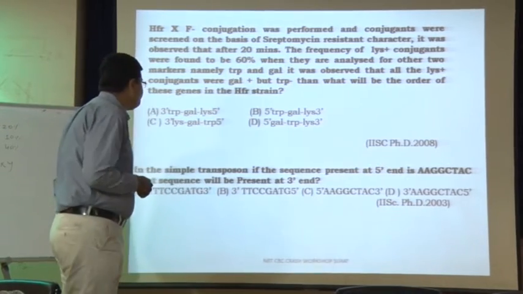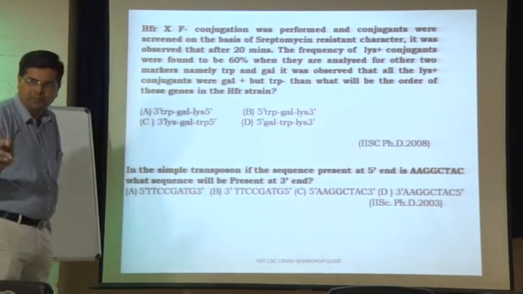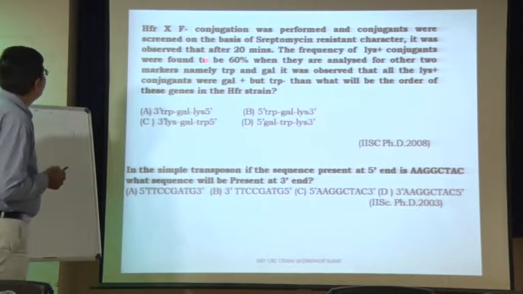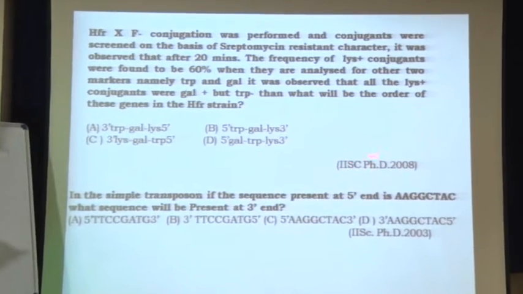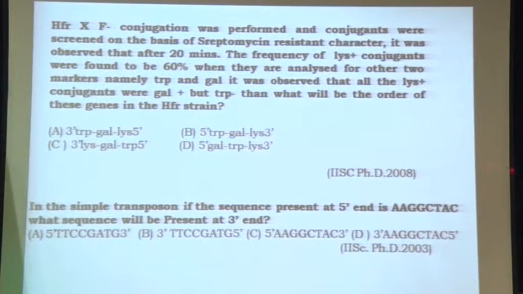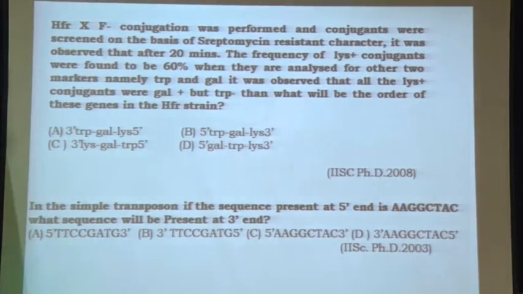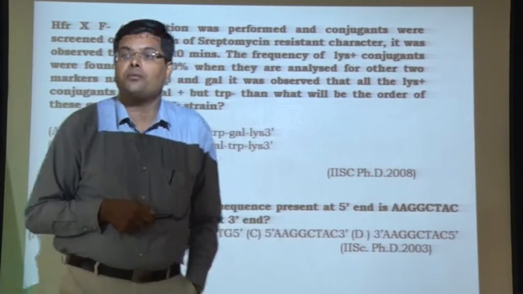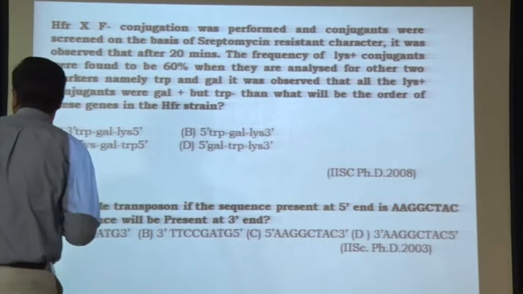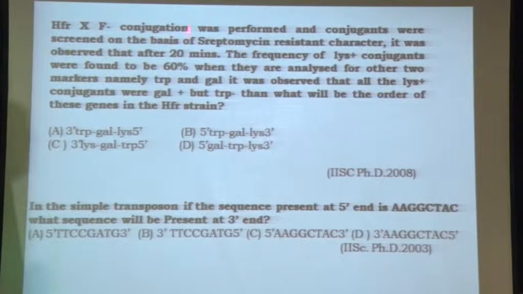Now last slide, don't worry, last slide. This question is asked in IISc PhD examination in 2008. That is on the interrupted mating experiment which we have discussed. How it can be used for the mapping of the genes. The HFR cross F minus conjugation was performed and conjugates were screened on the basis of the streptomycin resistant character.